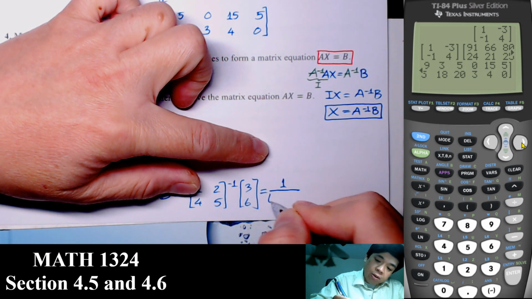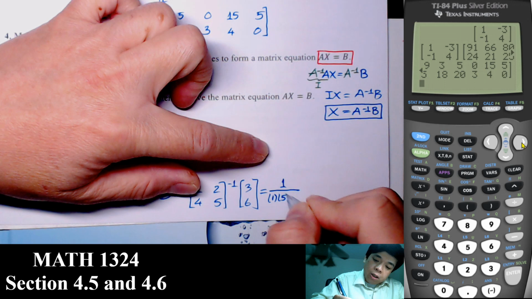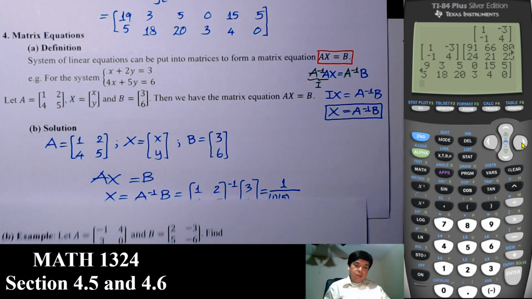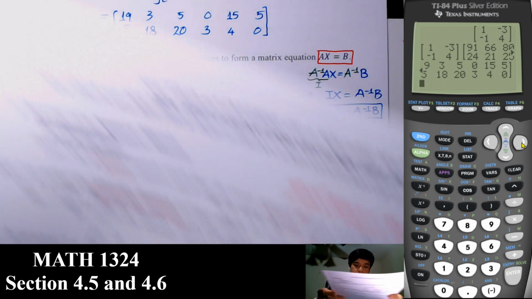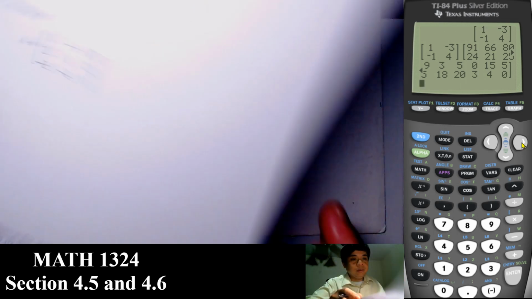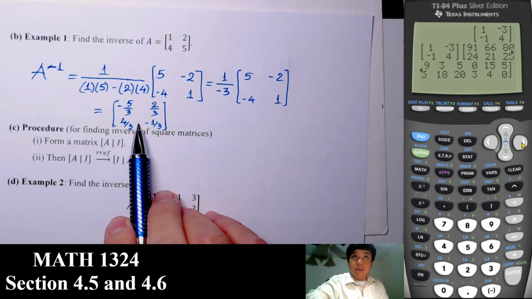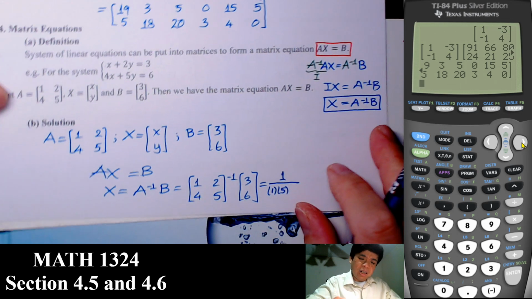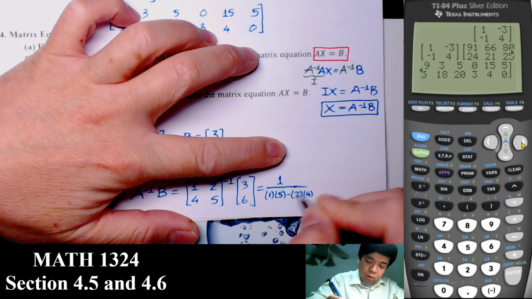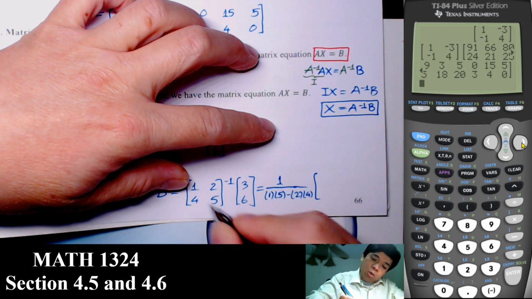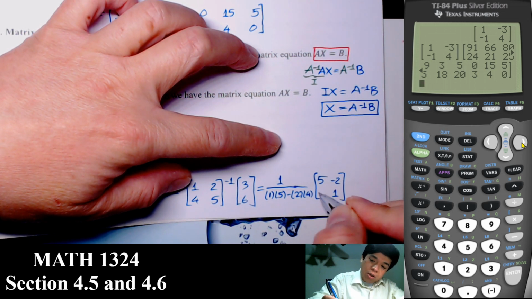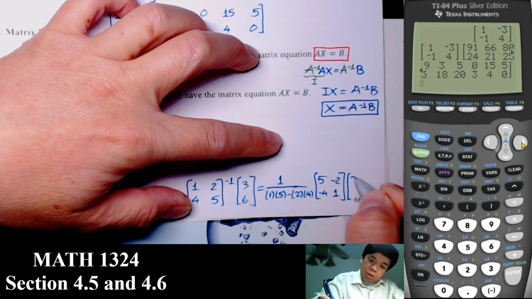1 times 5. I think we found the inverse of it earlier. Yeah, but let's do that again. 1 times 5 minus 2 times 4. Now swap the places: 5, 1, changing the signs: -2, -4. And then multiply by 3 and 6.